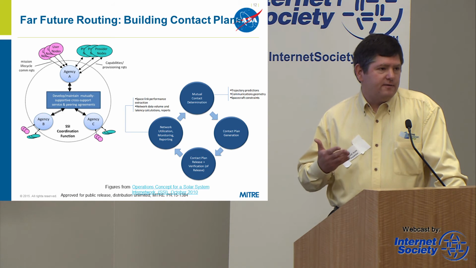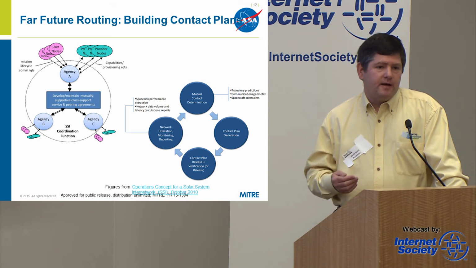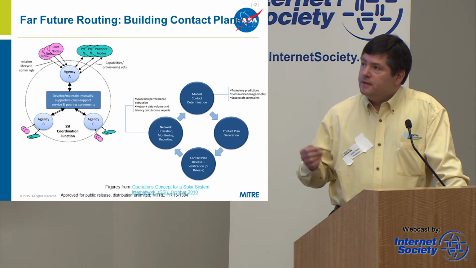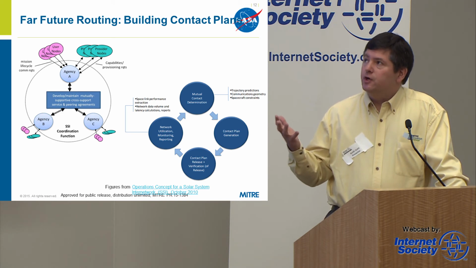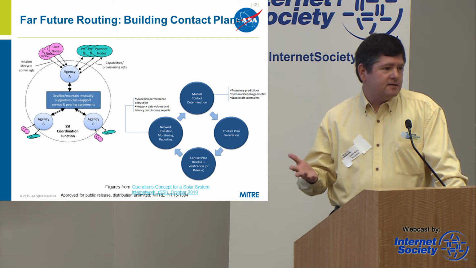we're trying to provide this shared network service that other people can build on top of, and what we would like to do is get a consortium of the agencies together and say, okay, you've got these kinds of assets.